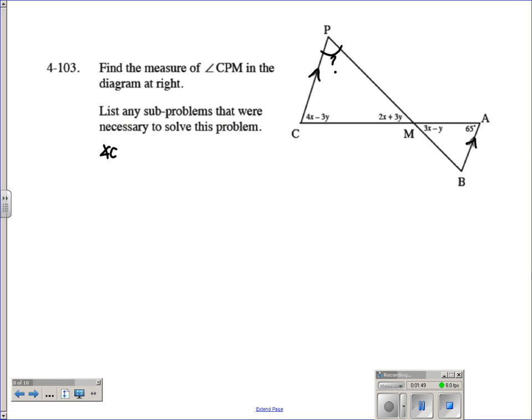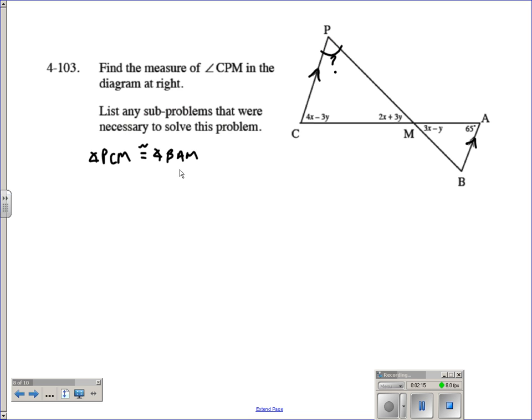Let's erase that and do it again. Angle PCM is congruent to angle BAM.